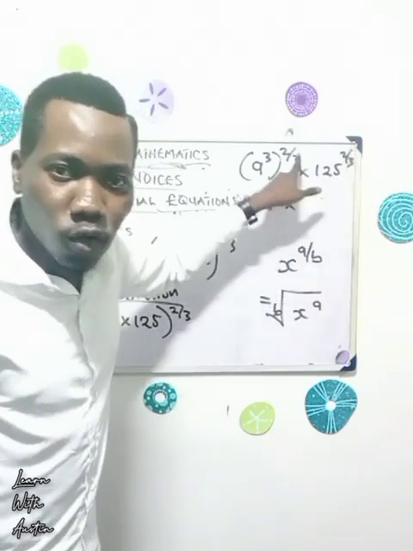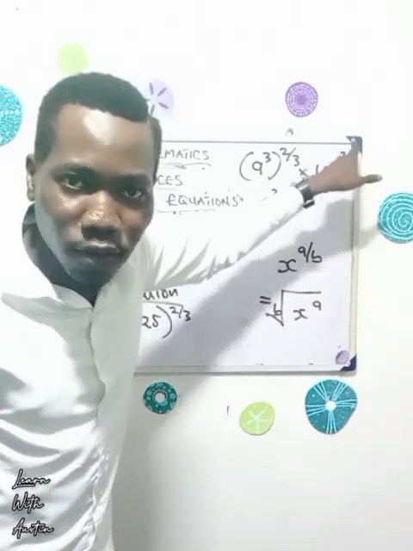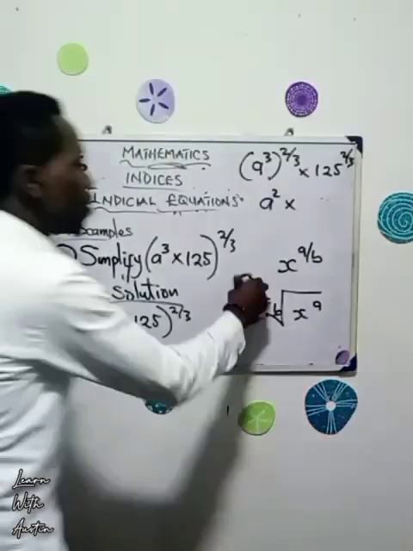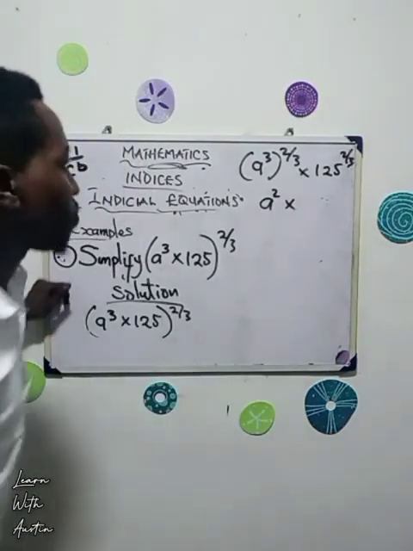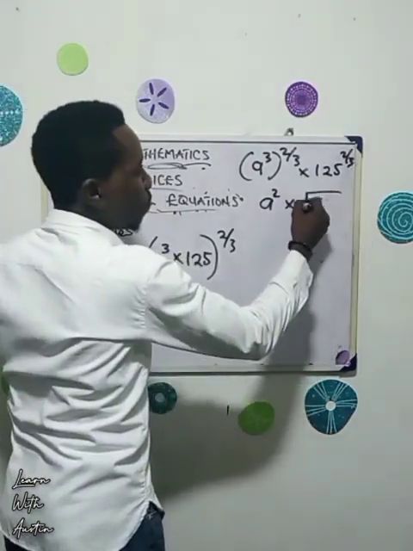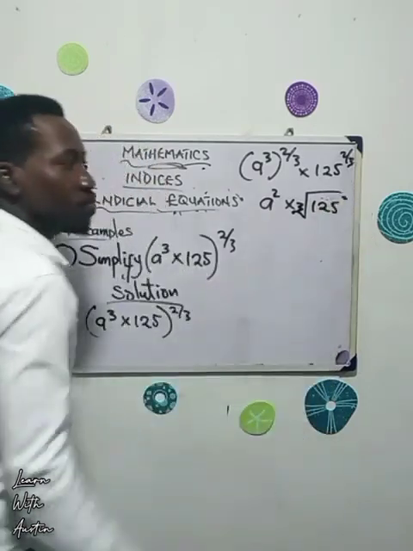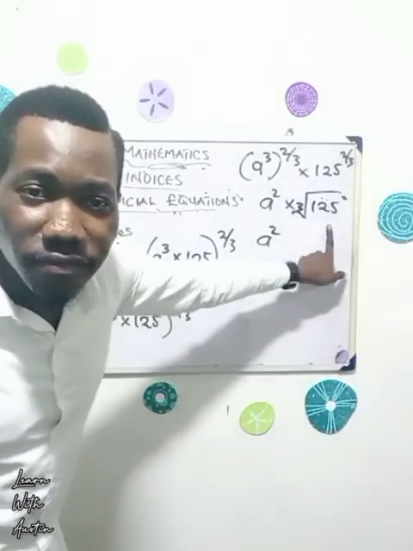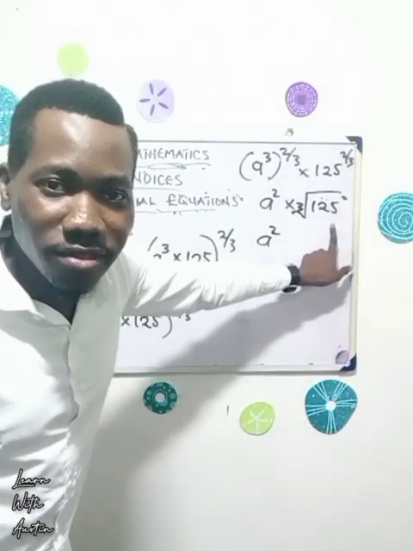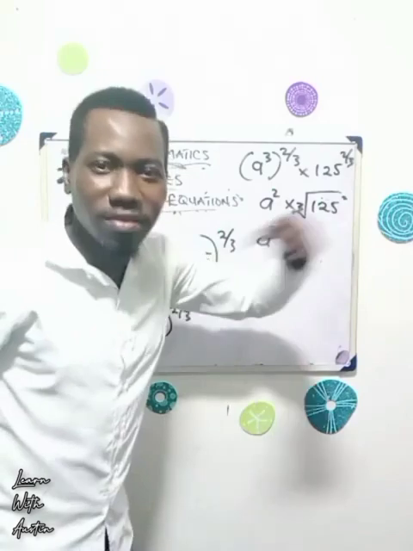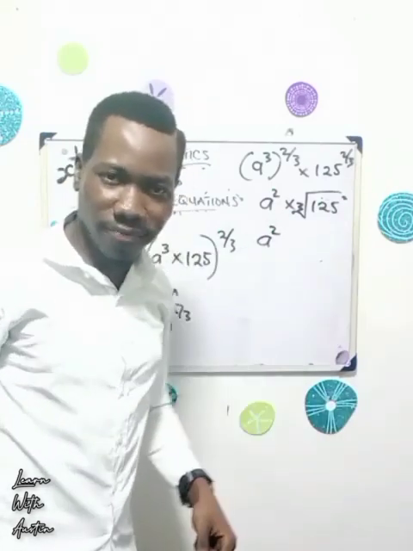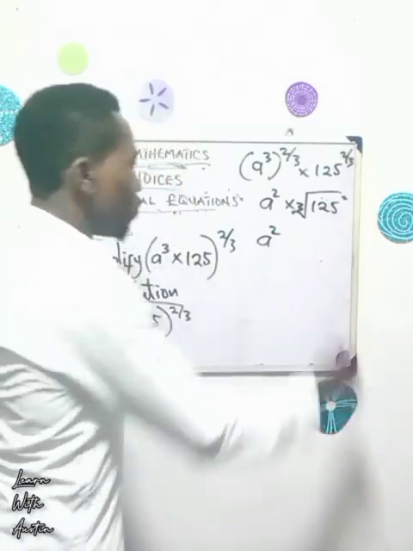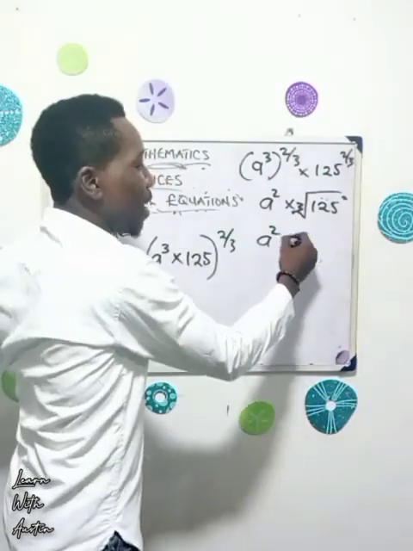What's the cube root of 125? What number times itself three times gives 125? That's 5, because 5 times 5 is 25, and 25 times 5 is 125.